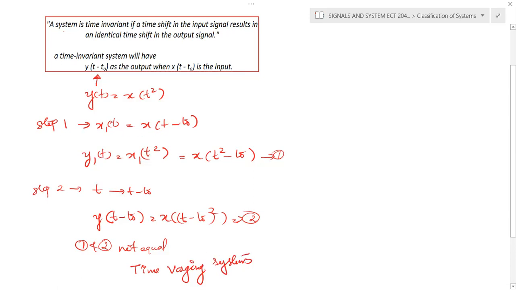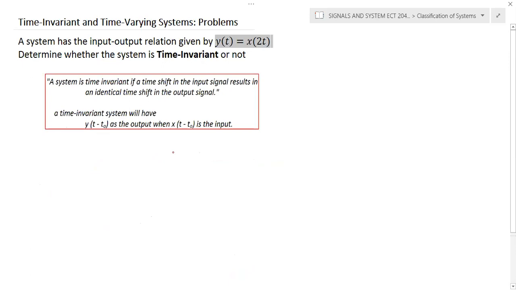So whenever a question comes with some transformation in time, okay, make sure that in the first step we are simply shifting minus t0, and in the second step we are replacing t with t minus t0. So that's the difference.